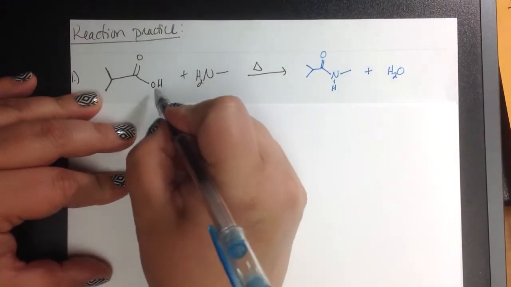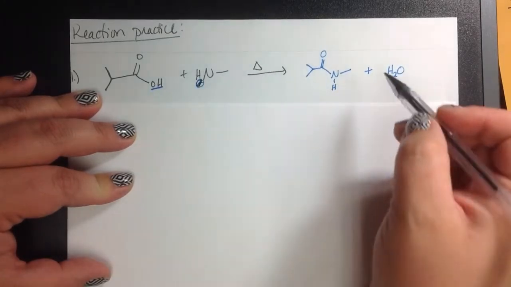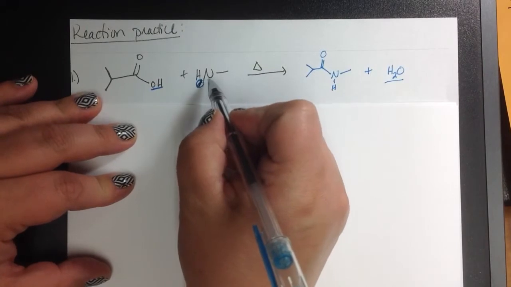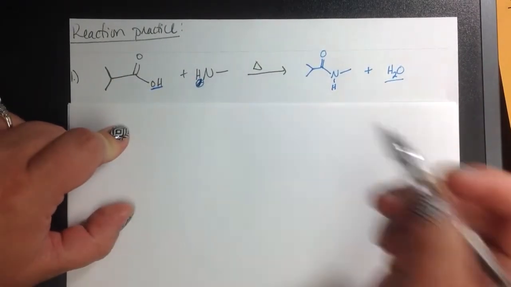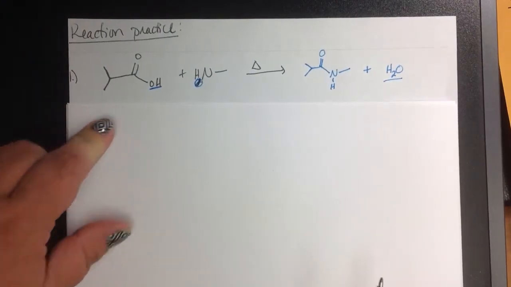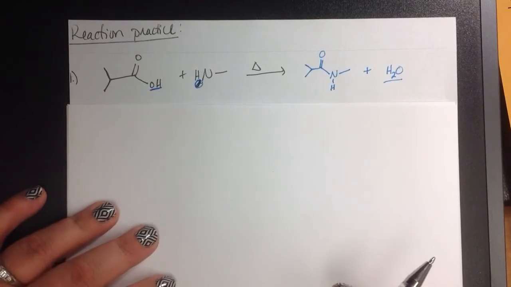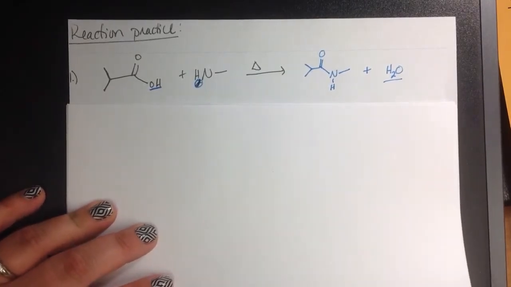Keep in mind what's happening here is that this OH and one of these 2 hydrogens here are what makes that water. That means that this nitrogen would then only have 2 bonds, and the third one goes to that C double O bond. Now that is a simplification of what's actually happening on a chemical level, but that's a way to remember these. Okay?